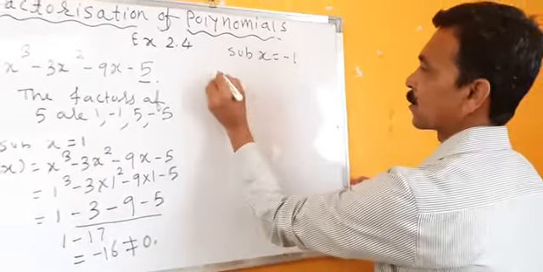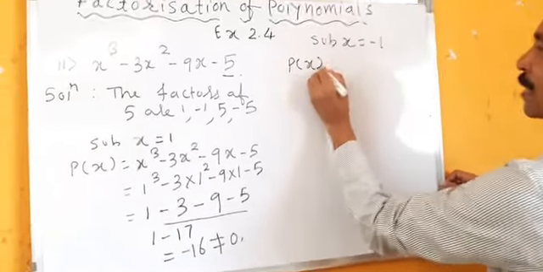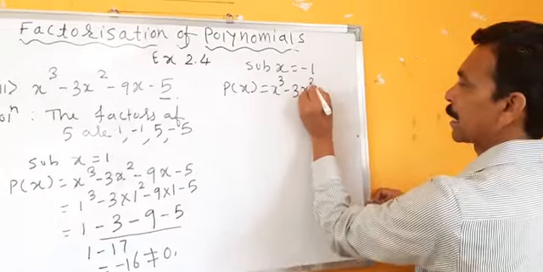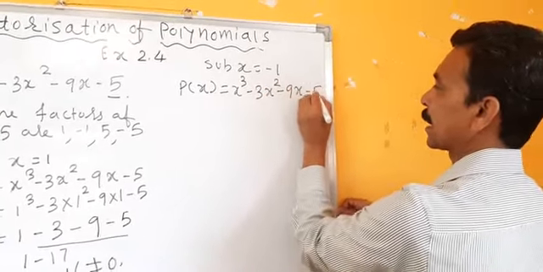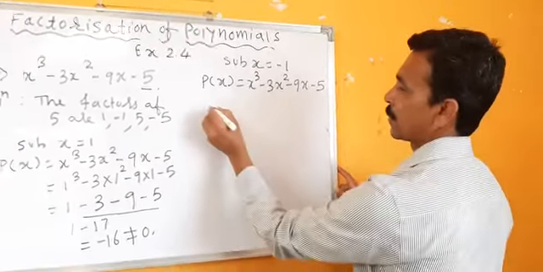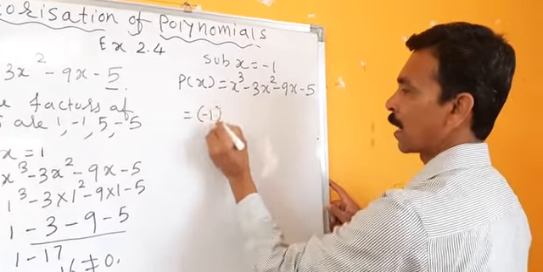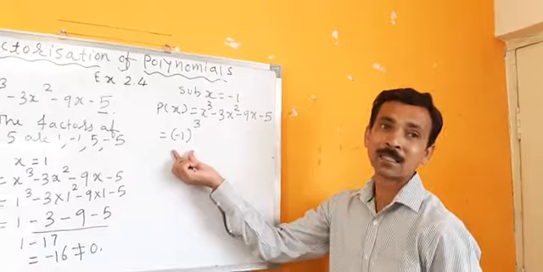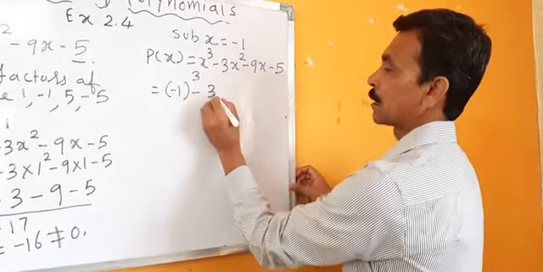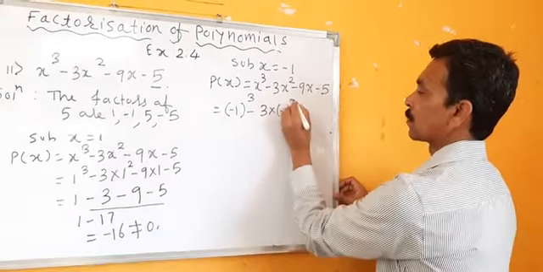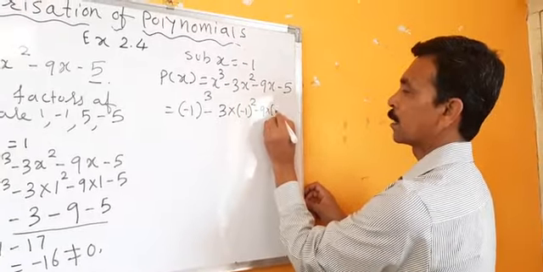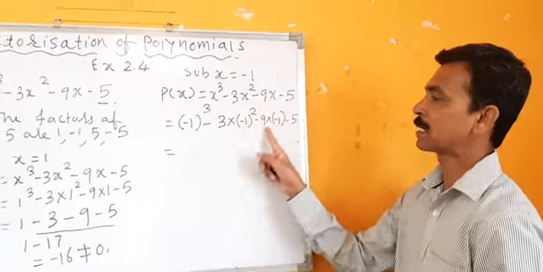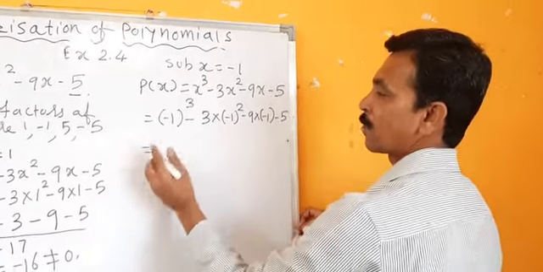Now I'll take minus 1 and I will place it in P of x. What is P of x? X cube minus 3x square minus 9x minus 5 is equal to minus 1 whole cube, because x is minus 1, so you have to take it in bracket, right? Minus 3x square means 3 into minus 1 square, minus 9 into minus 1, minus 5. 9x means 9 into minus 1. What is cube of minus 1?